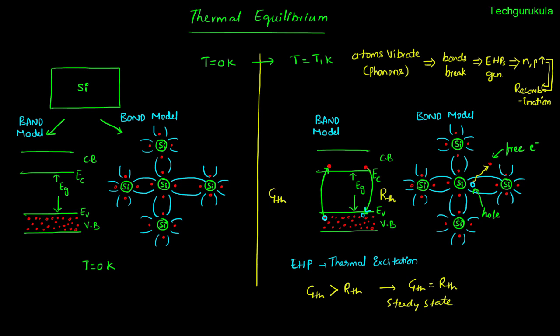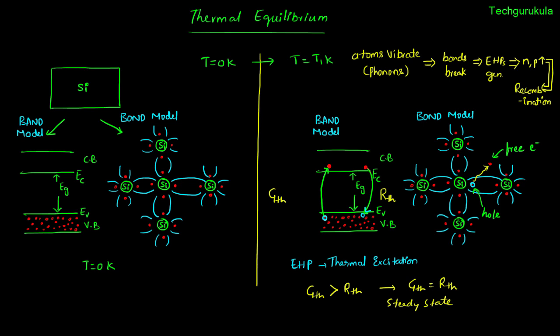Now, because for a brief moment we had generation greater than recombination, the carrier concentration would be finite in steady state, which was 0 in the previous state where T was 0 Kelvin. When T was equal to 0 Kelvin in steady state, we had this condition on the left side. And when we increase the temperature, for a brief moment, the atoms started vibrating and bonds were breaking.